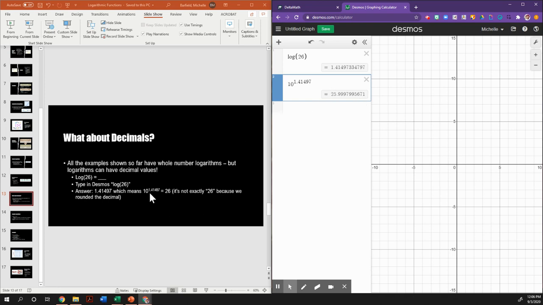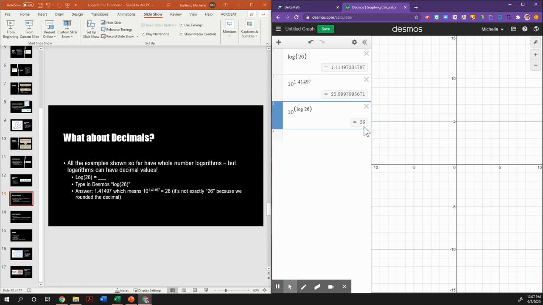But just know, remember, you learned a long time ago that when you start rounding decimals, you no longer have an exact answer. If I want to get the exact answer, let me show you what I have to type: 10 to the exponent, and watch, I'm going to put it in parentheses, log 26.